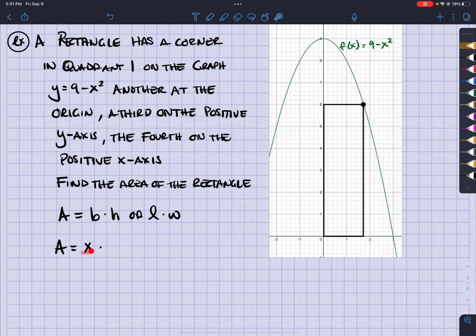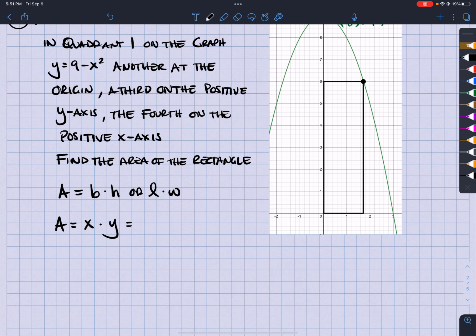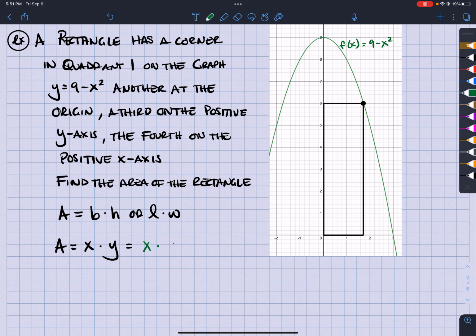So if I was to plug this x in here, what am I going to get? Actually, I would say x times y, which is really equal to x times, and the y value is actually 9 minus x squared. So it's not this dot anymore, it's actually going to be parentheses.